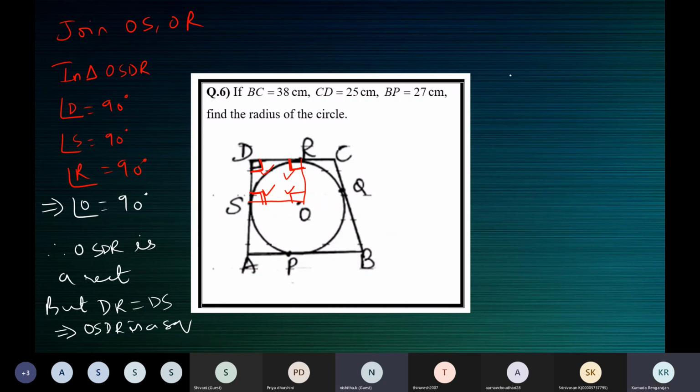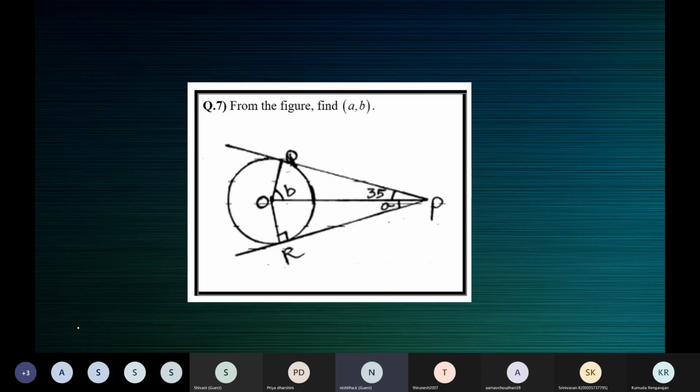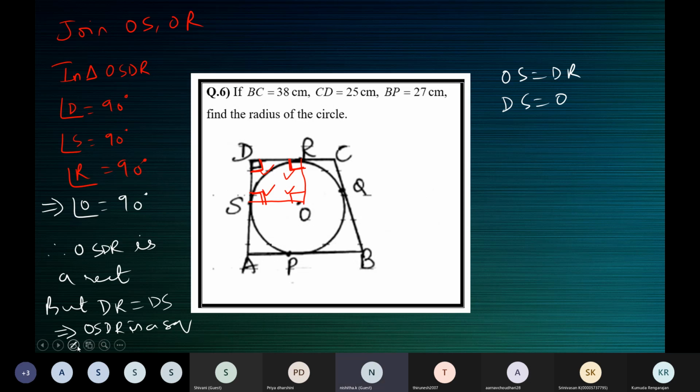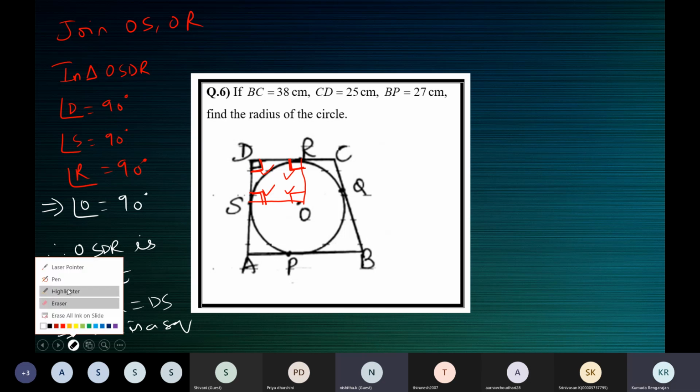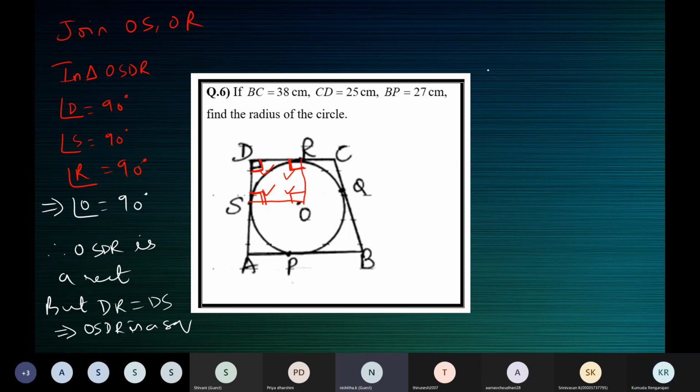See, children, already we have OS is equal to DR and OR is equal to DS because in a rectangle opposite sides are equal.